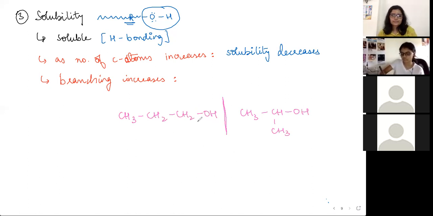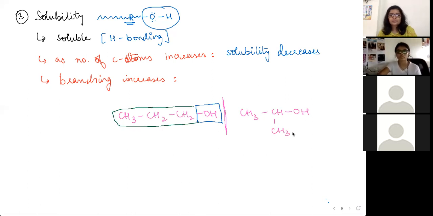So this is the hydrophilic part, and this is the hydrophobic part. In this case also, this is the hydrophilic part, and this is the hydrophobic part. Hydrophobic is afraid of water, does not mix with water.